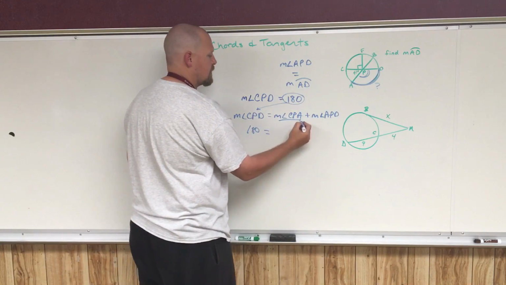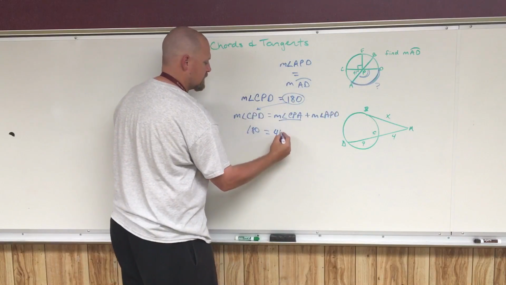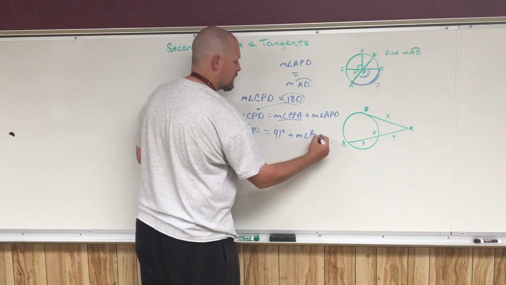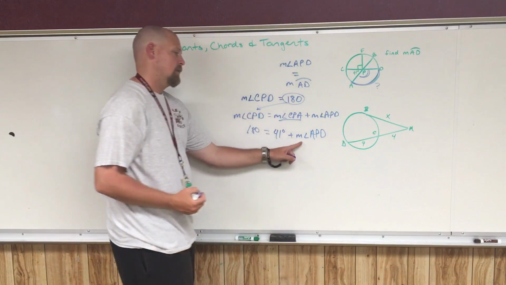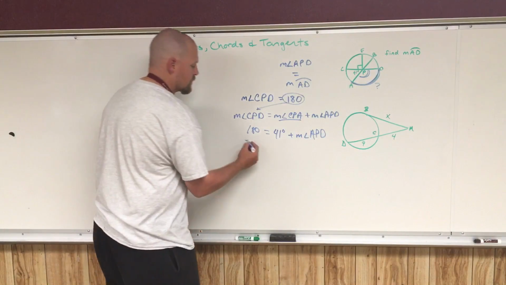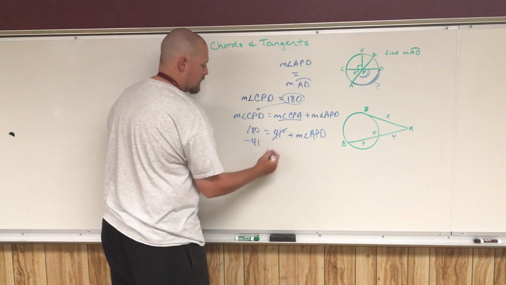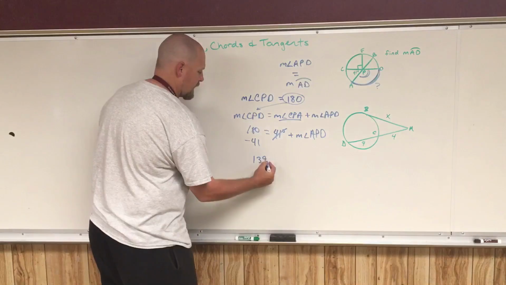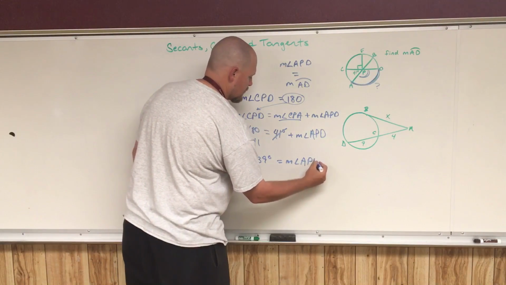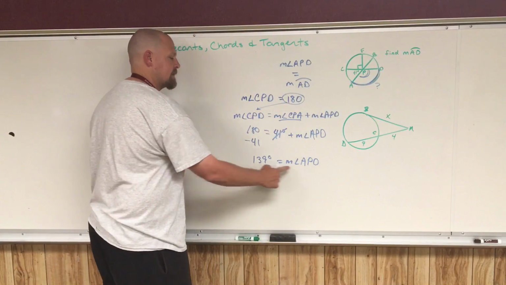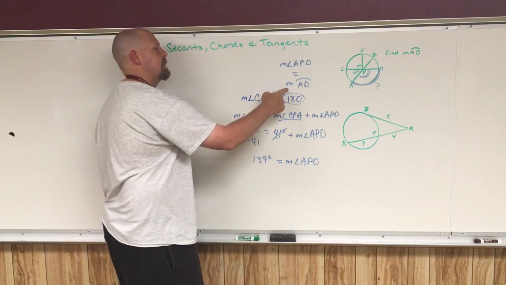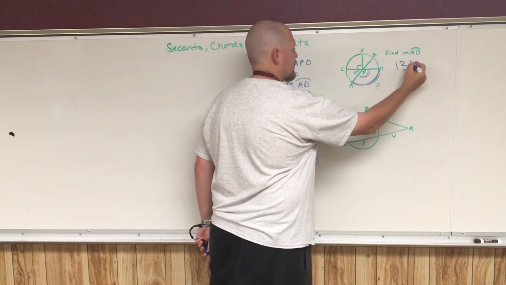And I know measure CPA is 41 degrees. So if you add that to the measure of the angle we're trying to look for, then we'll get our arc length by finding the central angle. Subtracting 41, we get 139 degrees as the measure of angle APD. And since the measure of angle APD is equal to the measure of arc AD, that means this is 139 degrees.